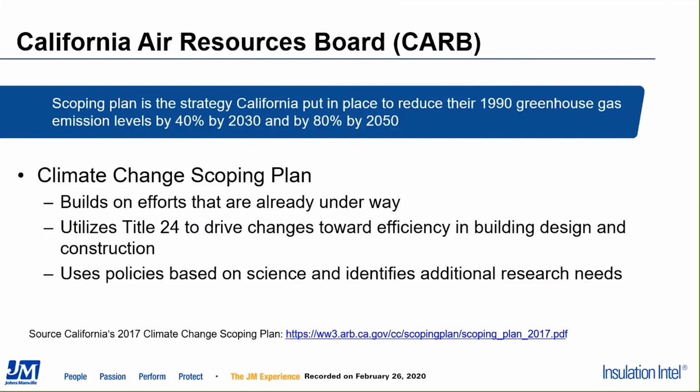A big part of this is Title 24, because buildings in general use around 40% of the total electricity consumed on the grid, and of course that contributes a lot to greenhouse gas emissions, especially in a state like California where there's a lot of air conditioning that gets used.